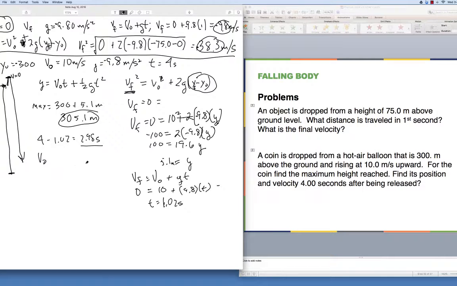We know g, so Vf is going to equal 0 plus minus 9.8 times 2.98 seconds. That's what's left. So it's going to be falling at 29.2 meters per second.